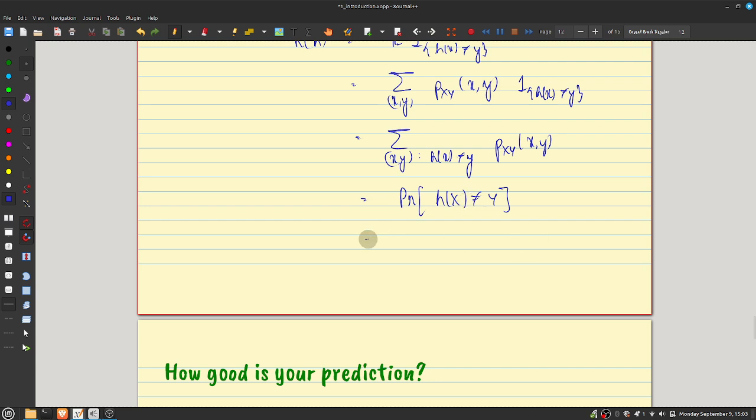Another way is this is notationally the same as the probability of getting an X comma Y such that H of X is not equal to Y. This collection of all X comma Y. Correct. So, yeah, it is the probability of observing an X comma Y such that H of X is not equal to Y. Right? Okay. Any other questions?